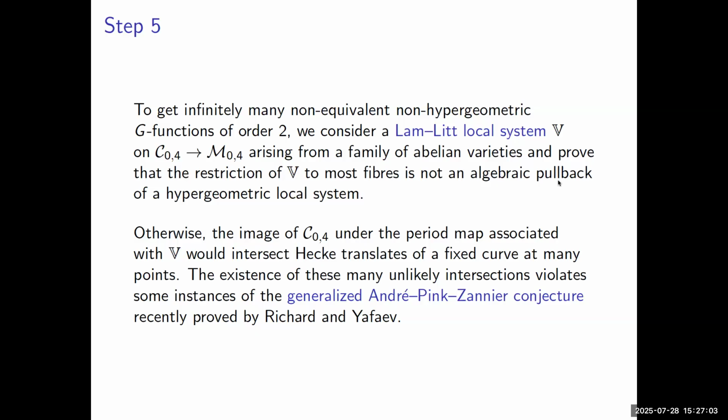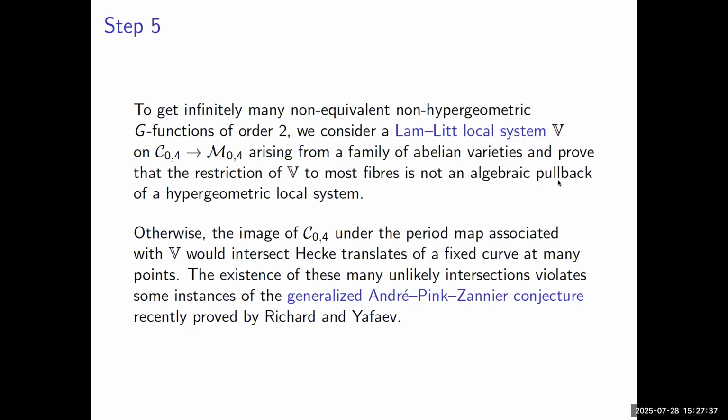And for this part, we start by looking at the moduli space M_{0,4}. You have the universal family of curves of genus 0 with 4 punctures. George and Daniel constructed many local systems on C_{0,4} that come from geometry, and more precisely from families of abelian varieties.